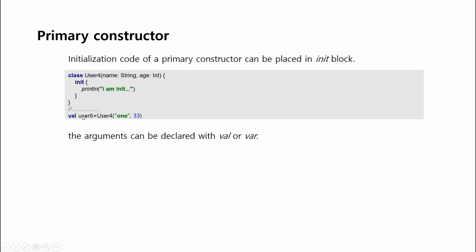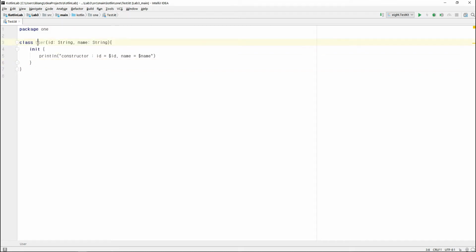One more thing about the primary constructor is we can use the var or val keyword on the primary constructor's parameters. If we use the keywords, we can use the parameters just like normal member properties. Let's test it out. We have the user class that has a primary constructor with two parameters, and we have the init block for the primary constructor. Let's create an object of this class.